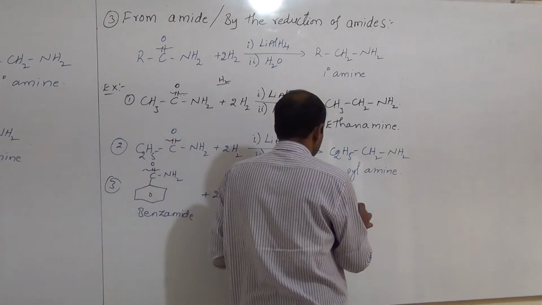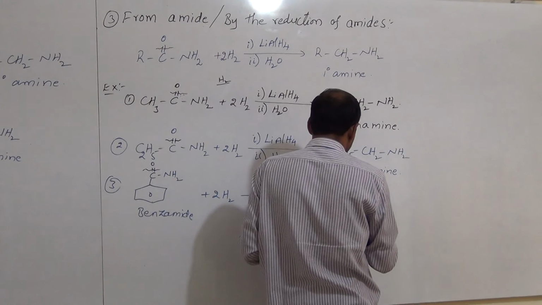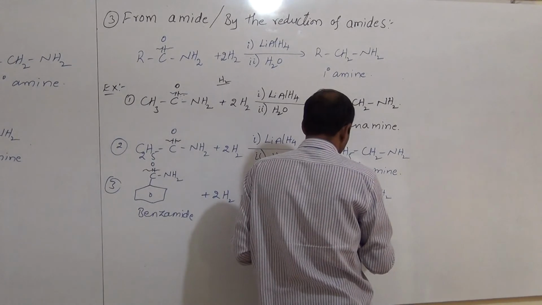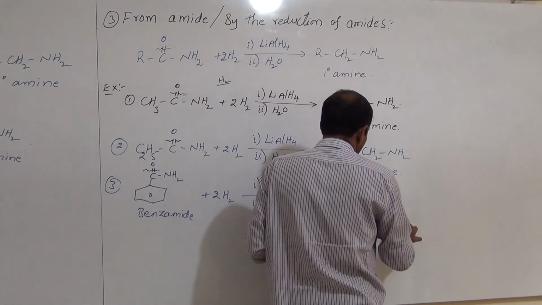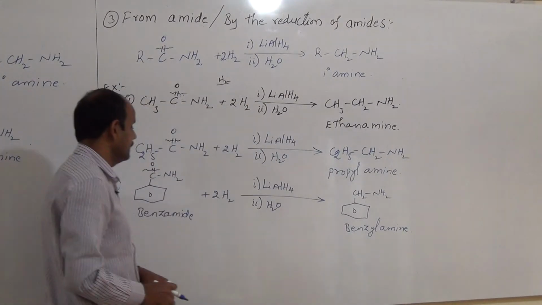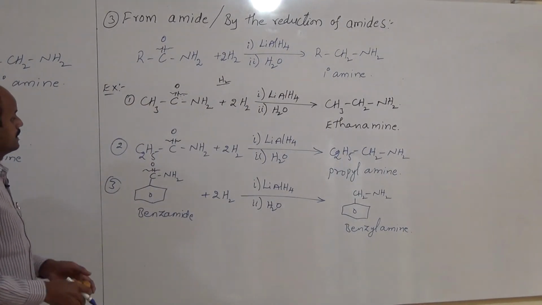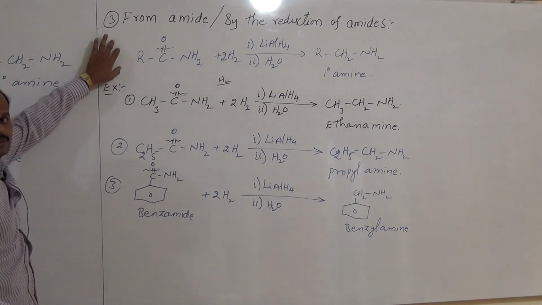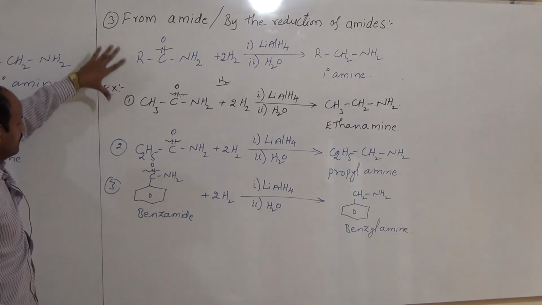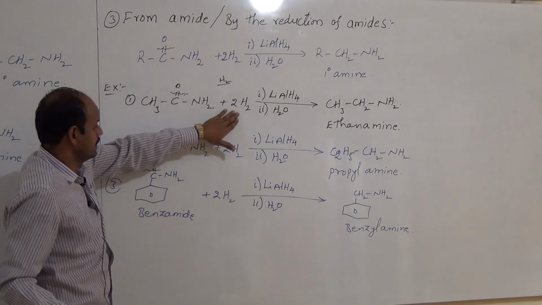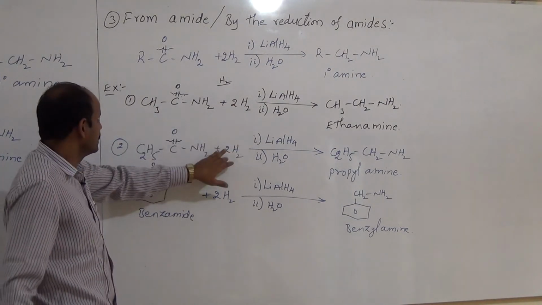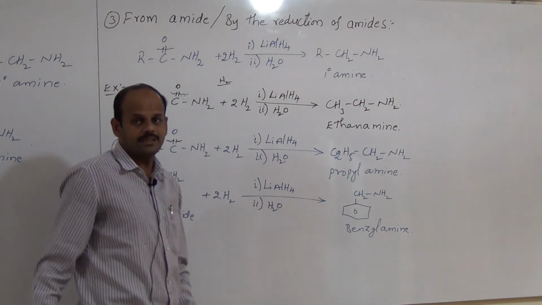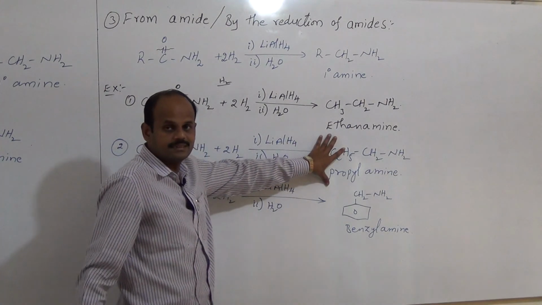Thus we get CH2NH2. This is the benzyl amine. Thus amines can be prepared by the reduction of amides. Reduction is nothing but addition of hydrogens and removal of oxygen in the presence of a reducing agent, that is lithium aluminum hydride. Then we get amines.